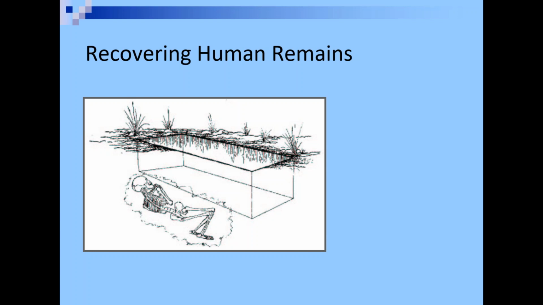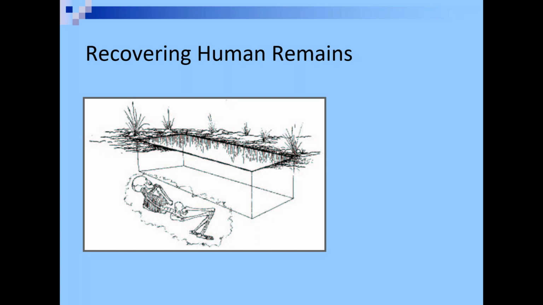So for locating human remains, it's done not with satellite imagery, but on a smaller scale, where forensic anthropologists can detect where vegetation looks unusual, indicating that a grave has been dug recently at a certain site.